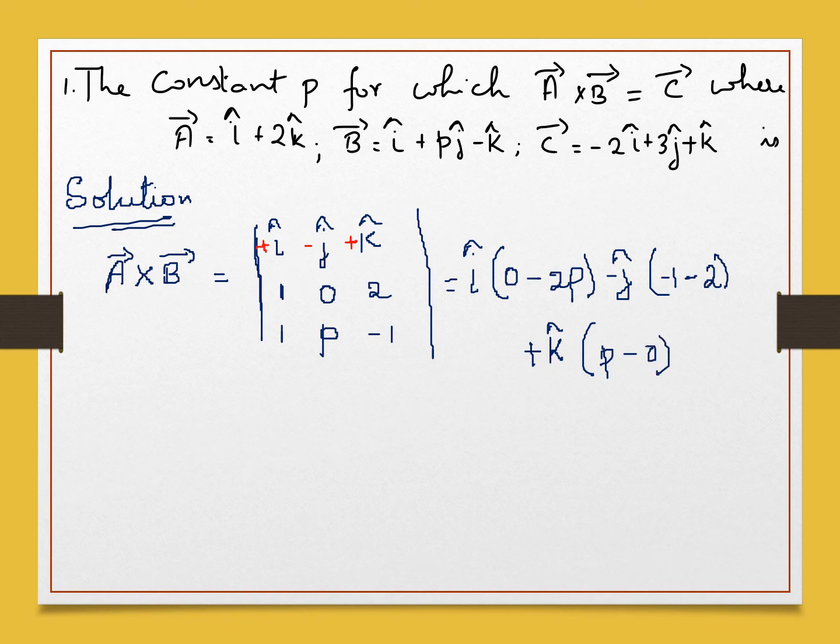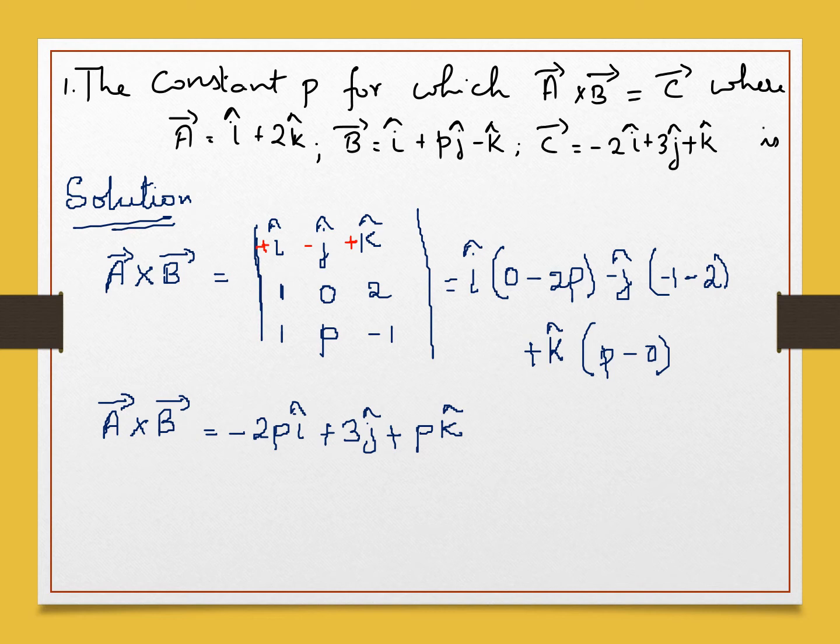So what we are getting is A cross B vector is equal to 0 minus 2p, that is minus 2p i cap, minus 1 minus 2 is minus 3 into minus, so it will become plus 3j, plus p k vector.